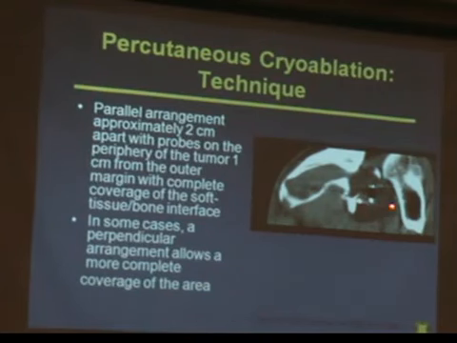You can see these 3 needles forming this round ice ball. It was almost like a tubular area of freezing, and this patient actually went back to close to normal without requiring any opioid analgesics after the procedure, and he's still alive after a year.